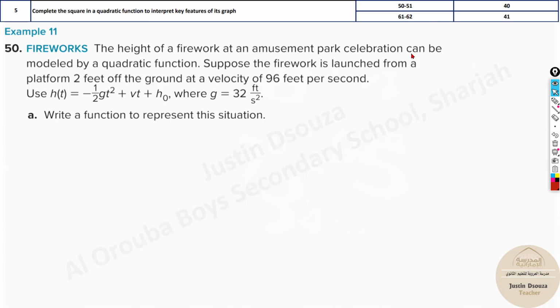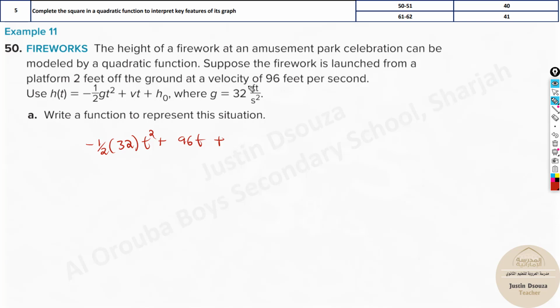Let's do it now. Over here in the question, it's all mentioned. It's 2 feet, 96 feet per second, and g is 32. Because everything is in feet, what is the first part? It's negative half, g is 32, just substitute 32, t squared. What is v? Velocity is 96, t, plus h naught.